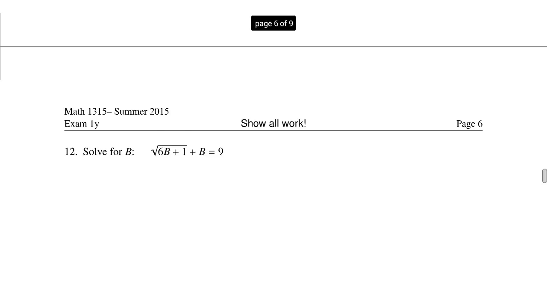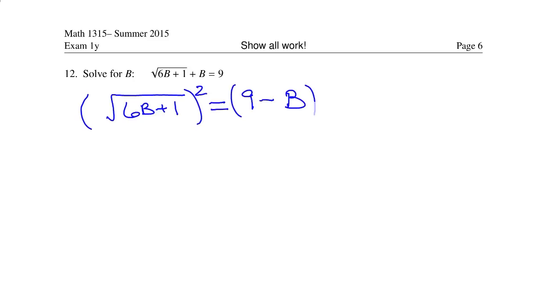Let's look at question 12. Solve for big B. So square root of 6b plus 1, then plus b is equal to 9. Step 1 is to isolate the radical. So square root of 6b plus 1, move this b to the other side, and you get 9 minus b. Now square both sides.